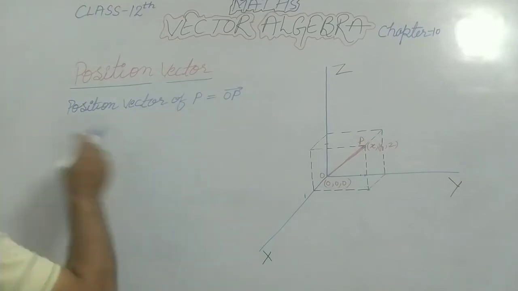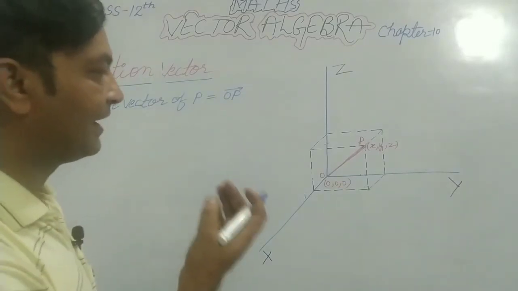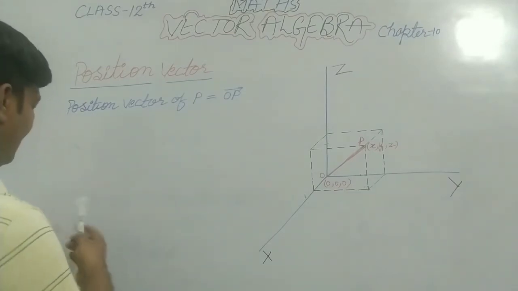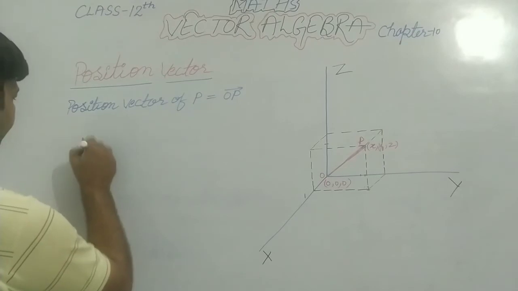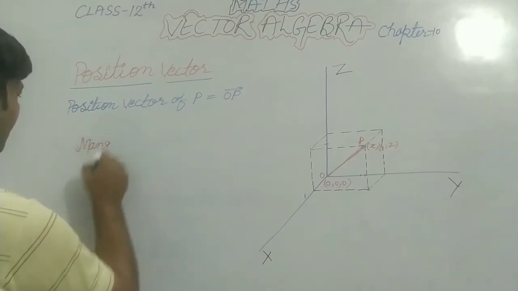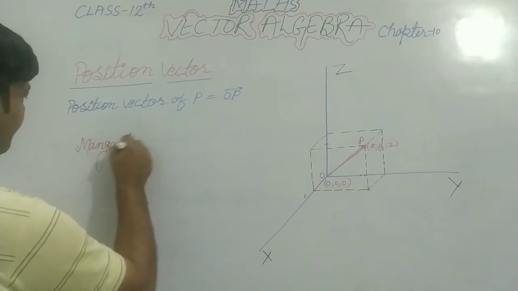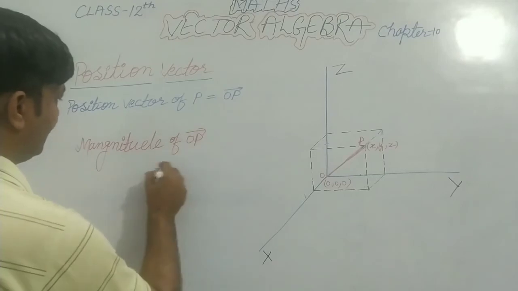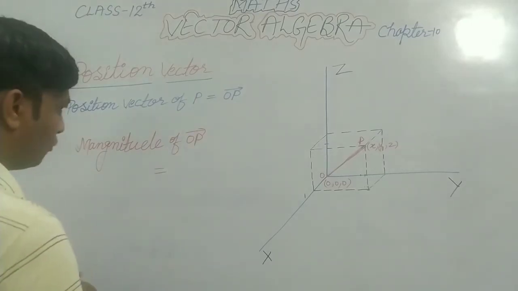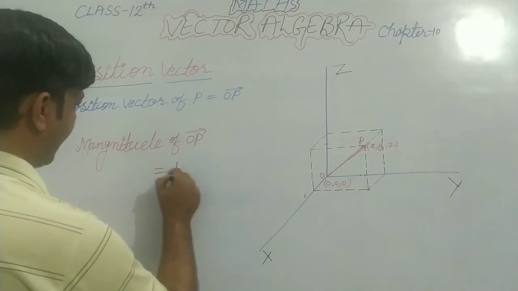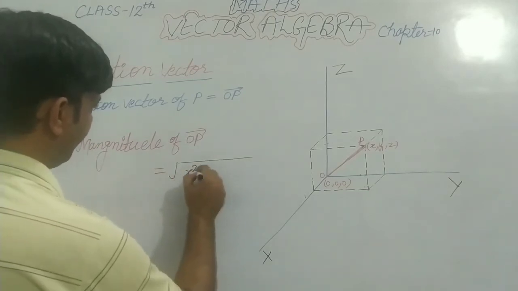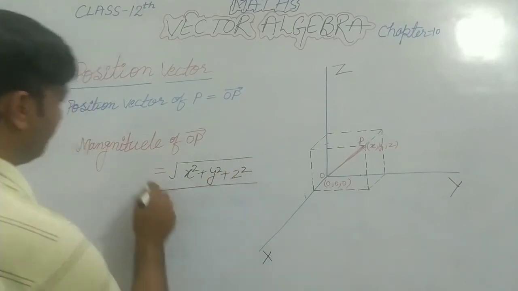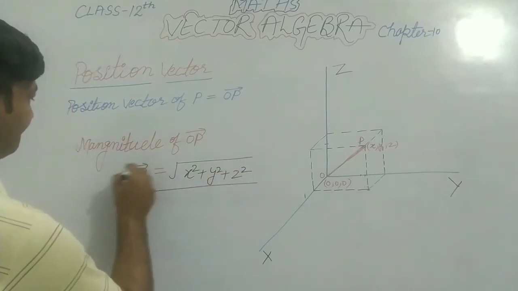If we find the magnitude of this position vector, the magnitude of the OP vector equals the square root of x square plus y square plus z square. It is the magnitude of the OP vector.